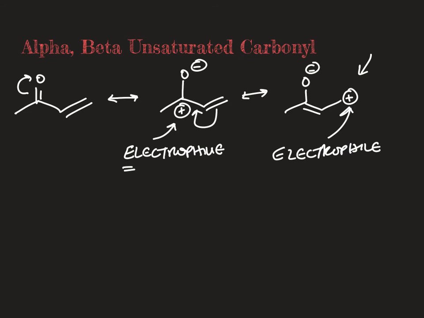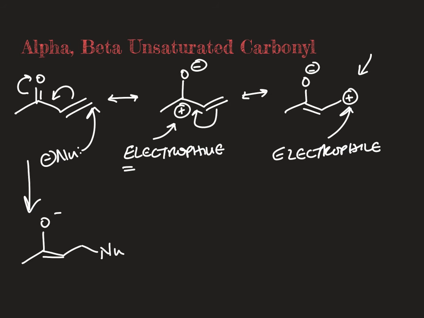So to see that, if I have a nucleophile and it attacks out here at that beta position, I can draw resonance structures. And the more resonance structures that you can draw, the more stable an intermediate is, making it more likely to form.